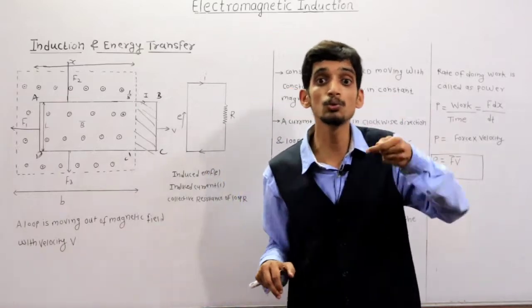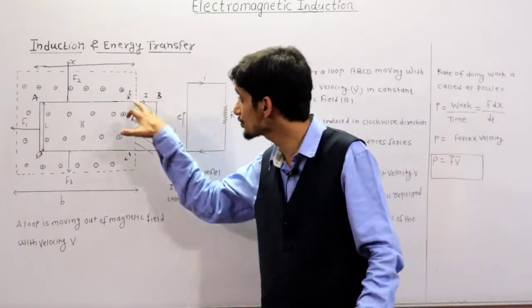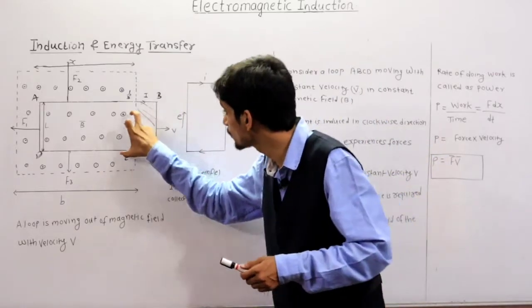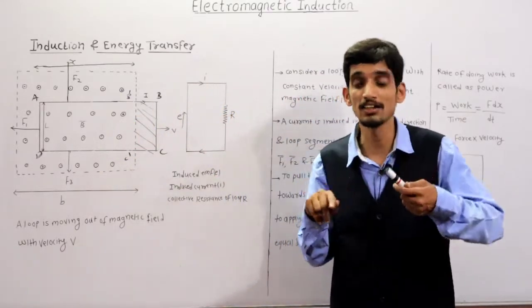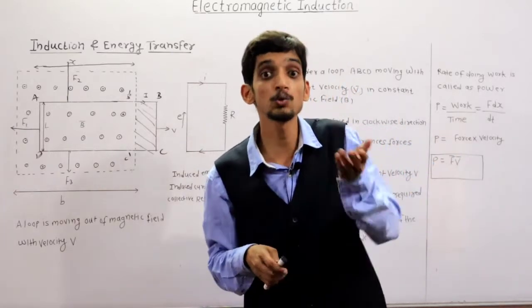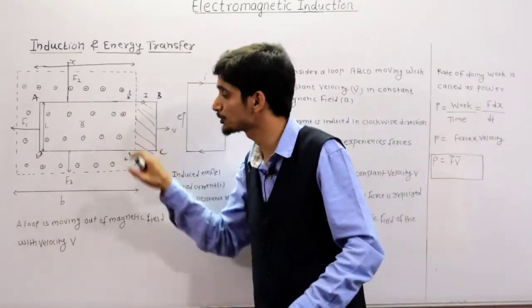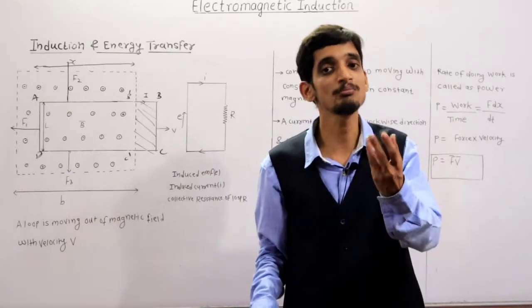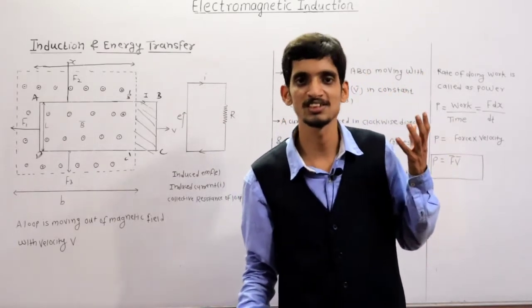Now I modify the position of the segment so that the loop starts to move towards the right side, so that there is a change in the magnetic flux associated with the loop, and as per Faraday's law we get some induced EMF. Clear?